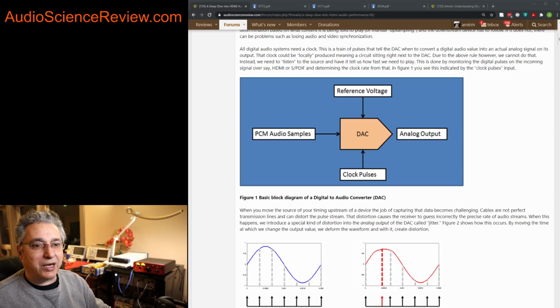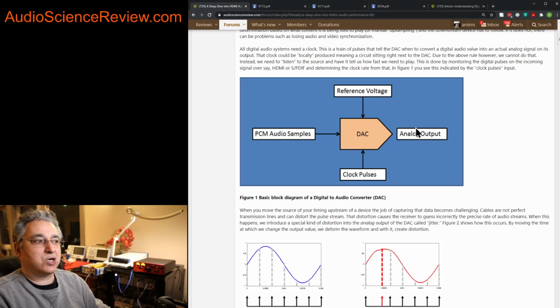This needs to be quite accurate, obviously, this reference voltage. If it's not accurate, then you're obviously going to produce garbage. And turns out this is hooked up to a power supply that's also being driven by the rest of the system, and noise gets in there. It can also impact the analog output of the DAC.